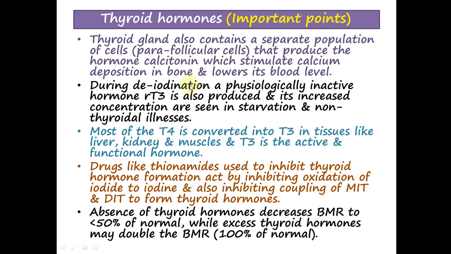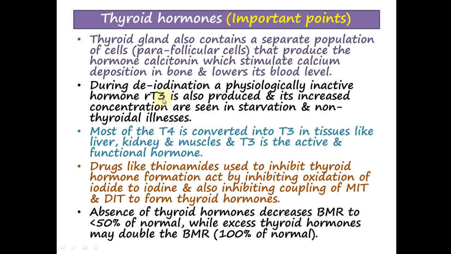When T4 is converted into T3, this deiodination results in the formation of a third hormone, which is known as reverse T3. Reverse T3 is physiologically an inactive hormone.